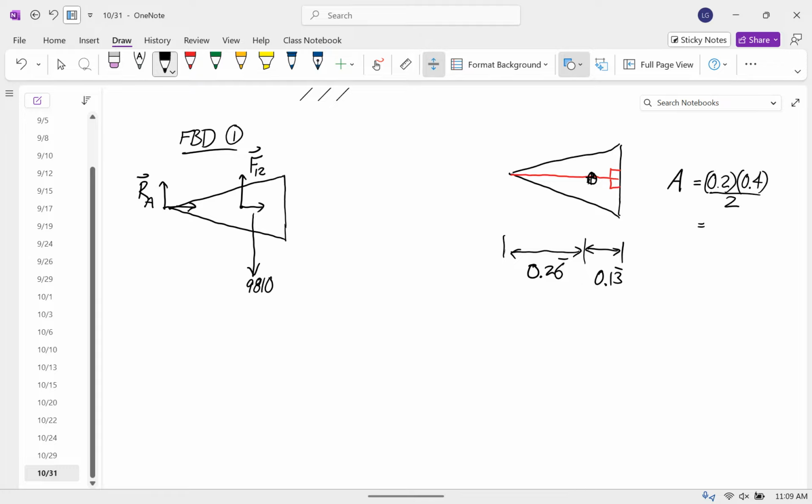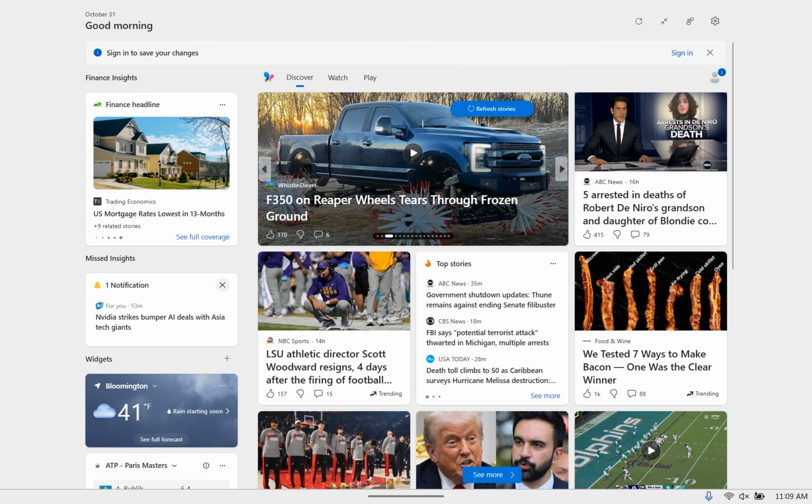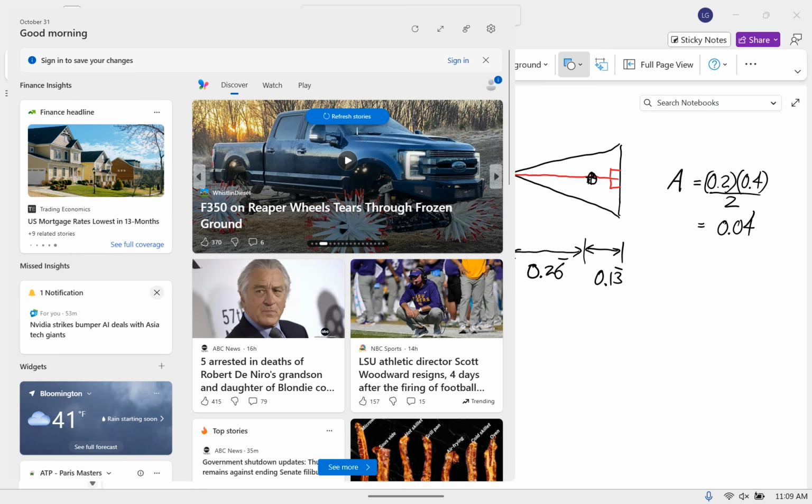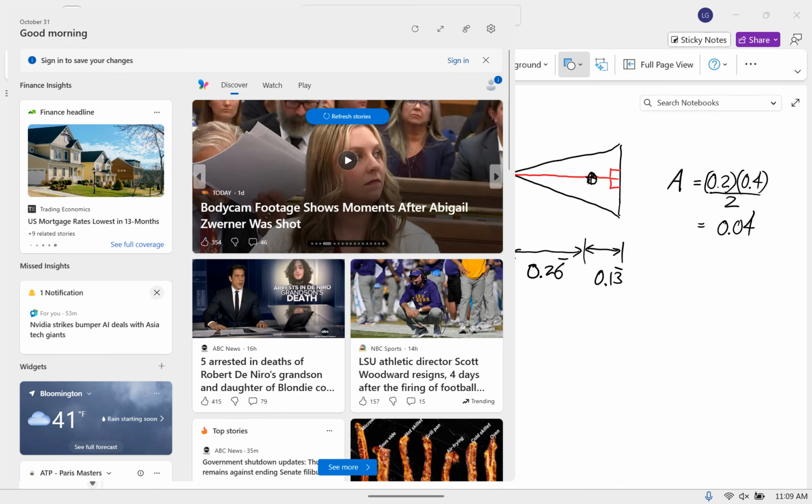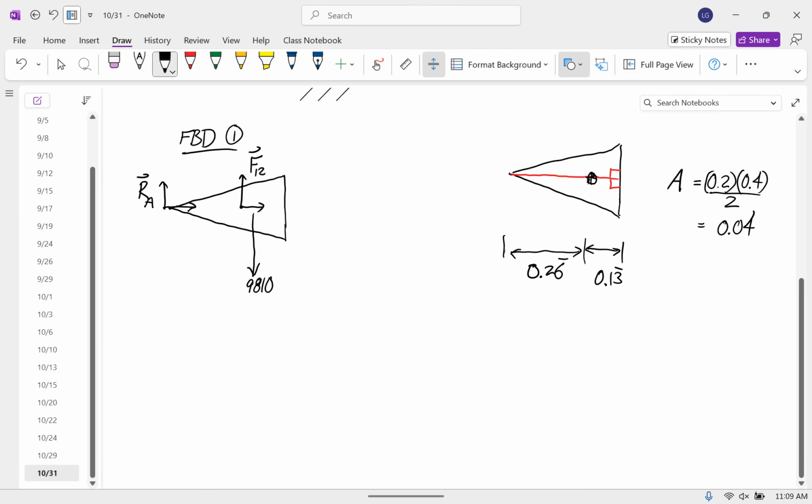So 0.04. We don't actually, that's not going to come into the calculation. All right. So this distance here is 0.26 repeating.